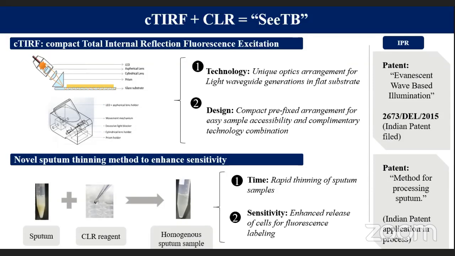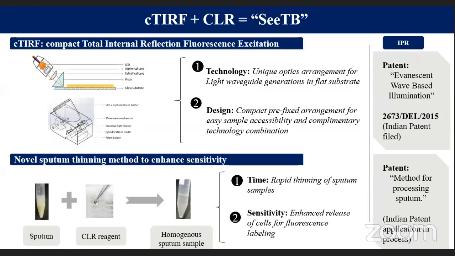It's a proprietary reagent, and a patent has been filed for that as well. It makes the thick, slimy sputum sample a homogeneous, transparent sample where the bacilli are equally distributed all over, so that it doesn't matter which part of the sample you take, the result remains unchanged.